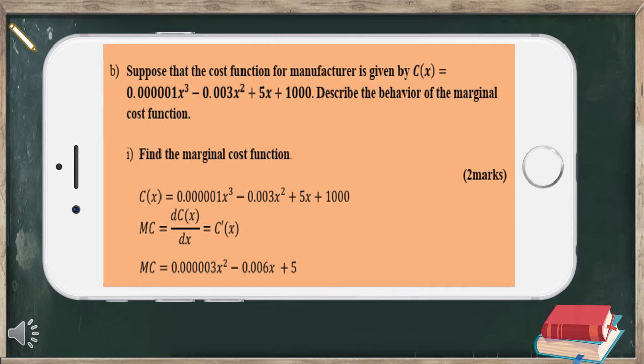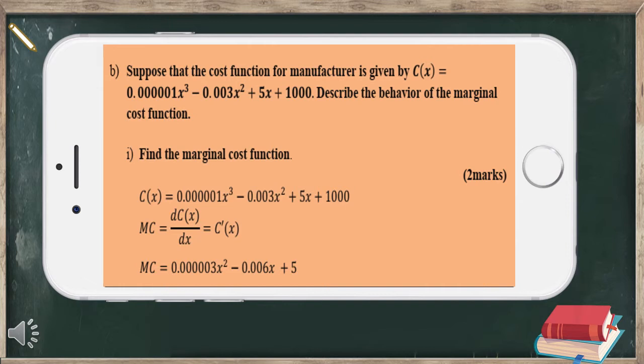We start with 0.0001 x to the power of 3, we differentiate, it will be 0.0001 times 3 x to the power of 2, and then negative 0.003 x squared we differentiate, it will be 0.003 times 2 x to the power of 1, and then 5x we differentiate, we get 5, and then 100 we differentiate, we get 0.